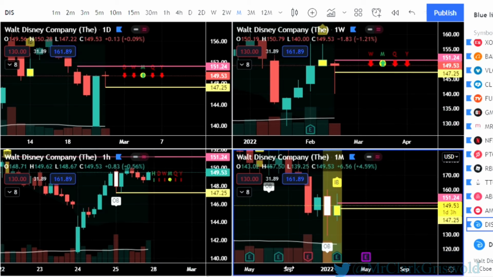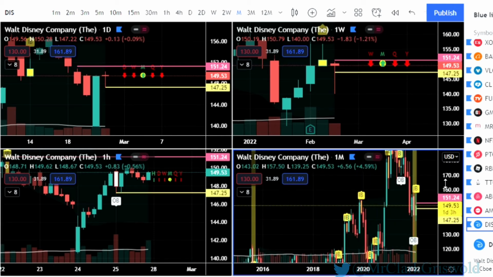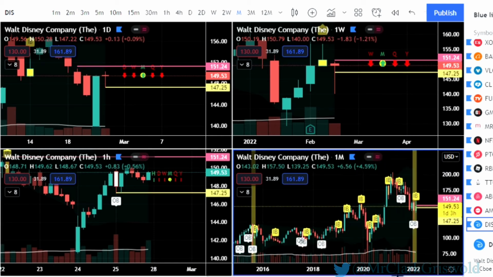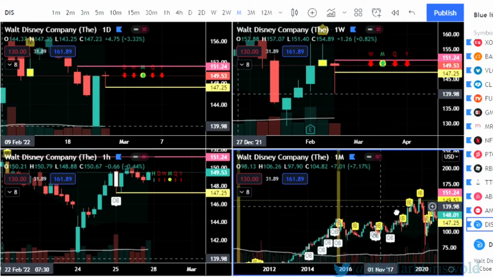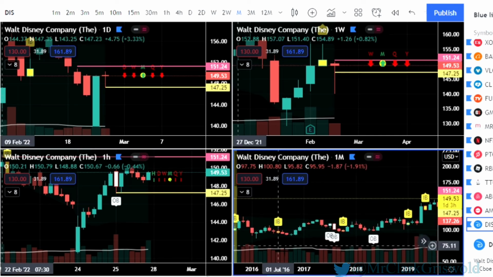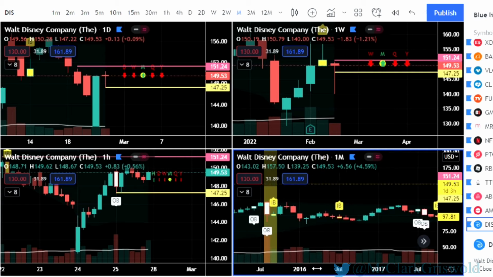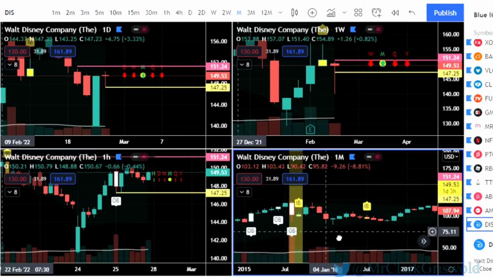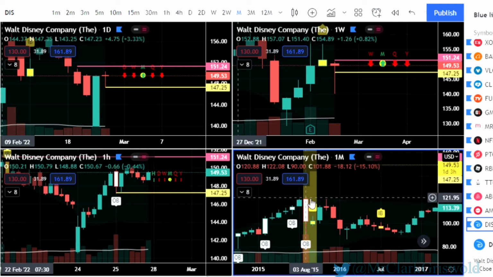And I guess while you guys are here, let's just go see if we've had this, the last time we had this on a monthly setup for Disney and see how it reacted. The last time we had a 3-1 setup on the monthly for Disney was back in 2015. So 7 years ago. And we did have a big run up. We didn't quite hit the target of this outside bar, but it's the same thing.